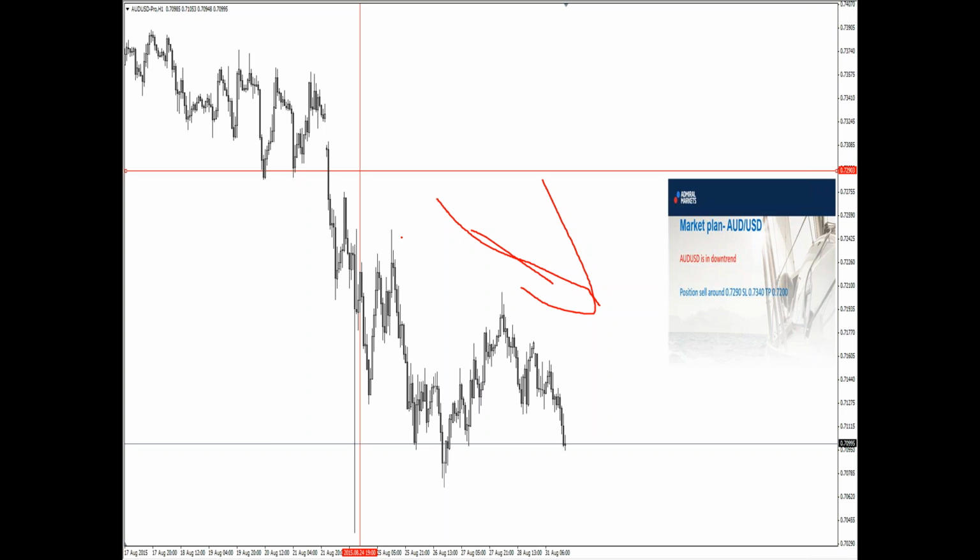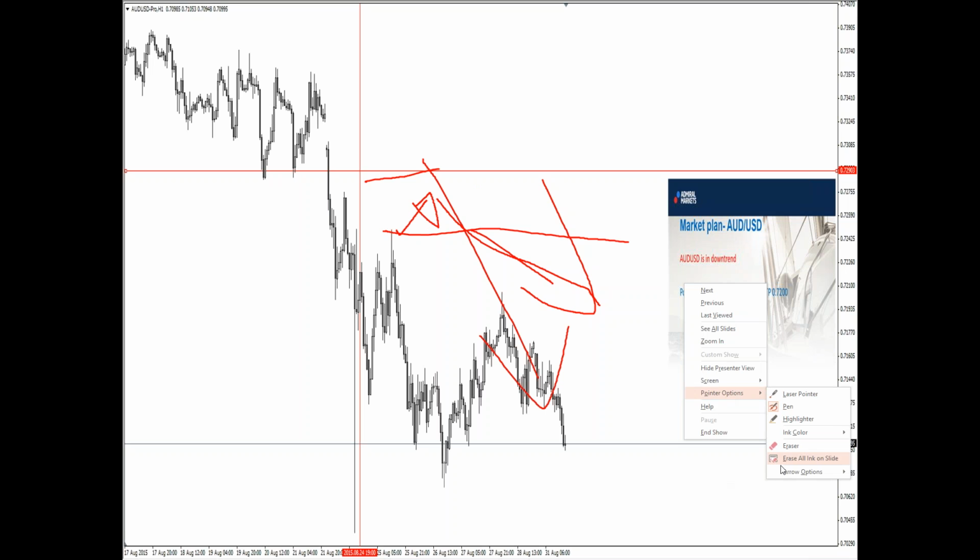The highest price after the webinar, a day after the webinar, was something like 72.40. So only one single leg to the upside would probably have hit our entry zone, and we would have made a huge profit on Australian dollar.